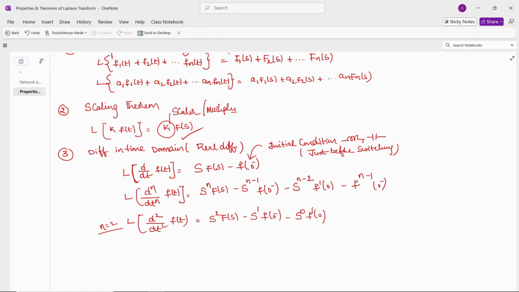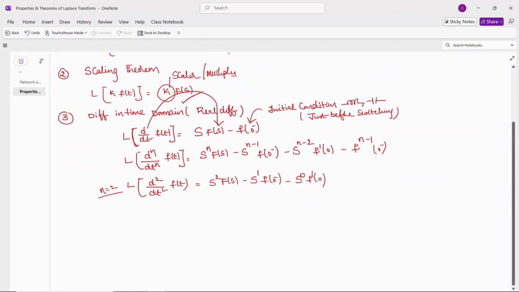This is how to find it for a second order system. This property is very useful in transforming a differential time domain function into a frequency domain algebraic equation. This is called real differentiation.